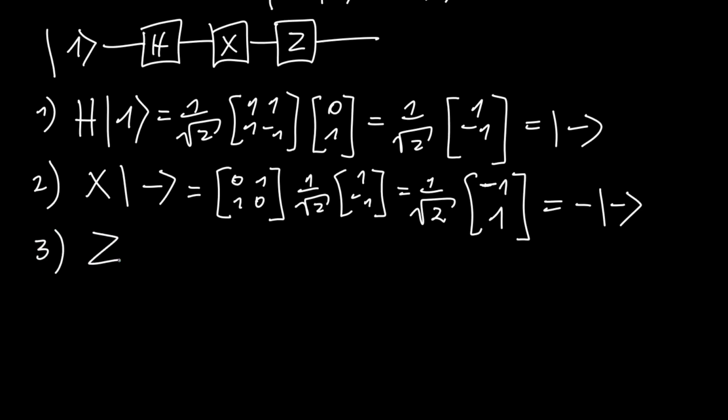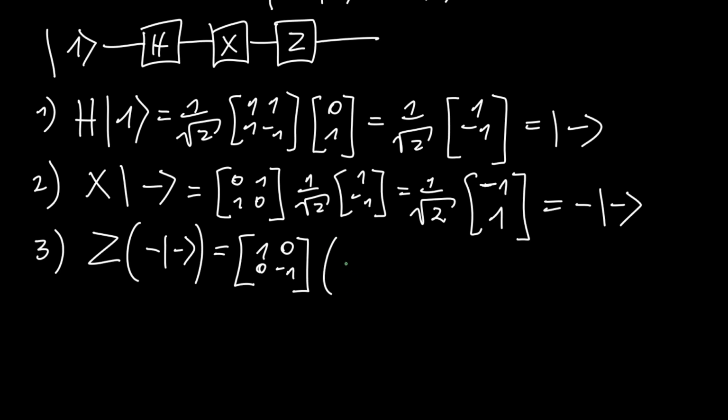And now we apply the Z gate to the minus state. So again, it's gonna be nothing to 0 and minus for 1, and then we're taking 1 over square root of 2, [1; -1].